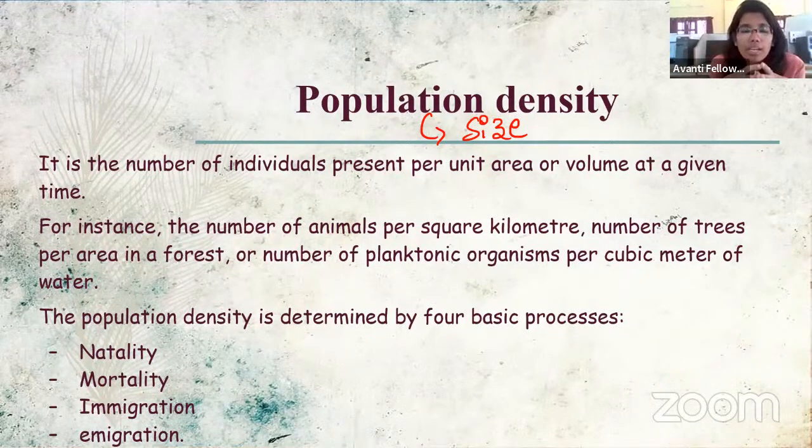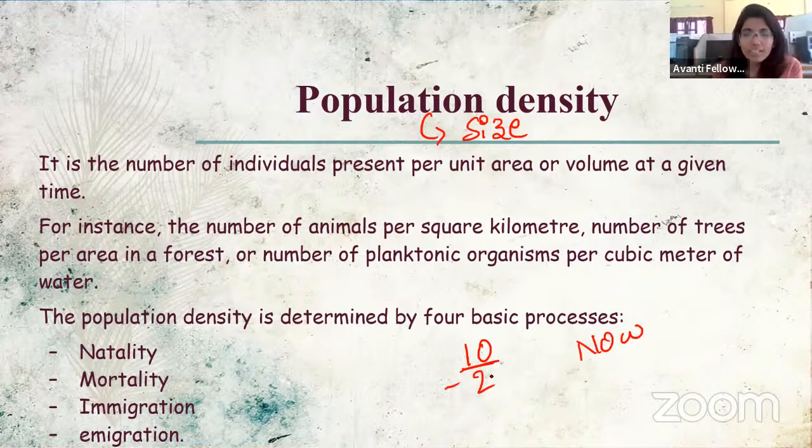Out of these 10 organisms, 2 organisms move to another place, and 4 organisms come from somewhere else, let's say place A. Earlier the population size was 10, but now 2 organisms have been eliminated, they went to the other place, and 4 organisms have joined, which means they came from another place. So now we have a population density of 12. This is what is called population density or population size.